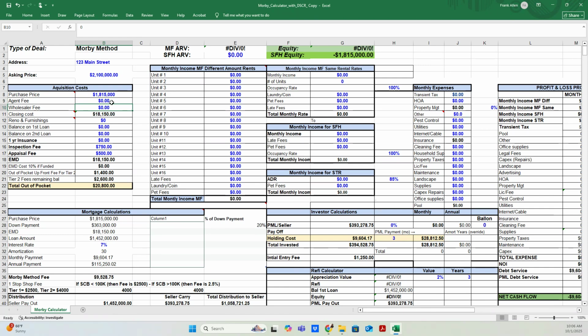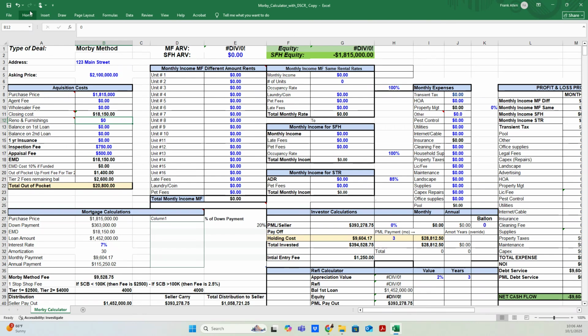Before I go any further, I do want to say that anything in the blue number box area is where you will want to put your information. The cells with the black numbers already have a formula in them, and it will calculate automatically for you, so you don't have to worry about those cells.